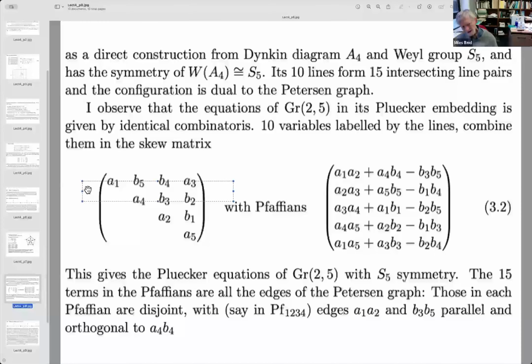A1 is in the same row as B5, B4, A3, and it's in the same column as A4, B3, B2. So its only Pfaffian partners are A1, B1, and A1, A2, and A1, A5.